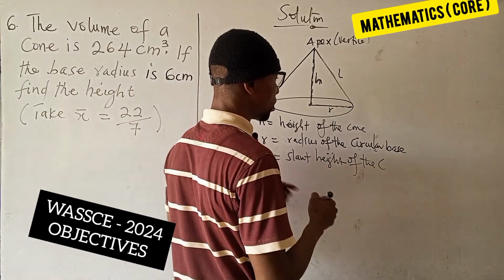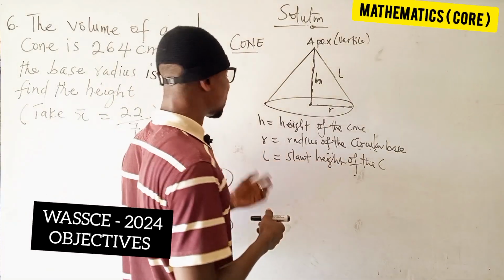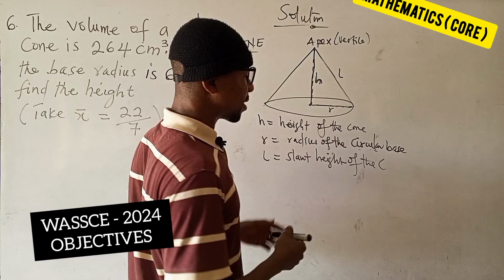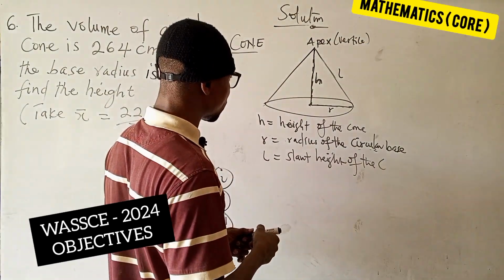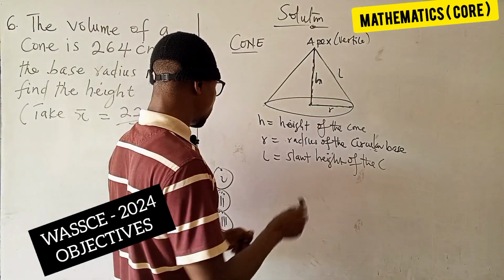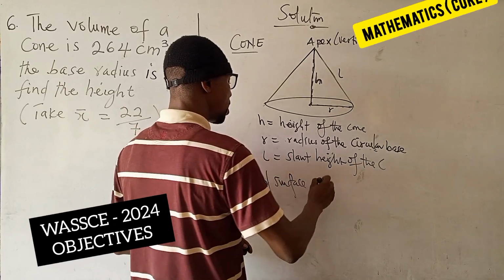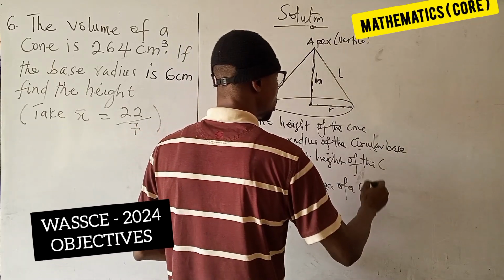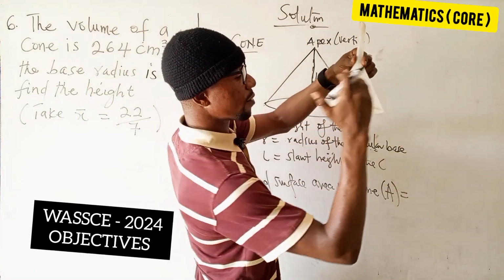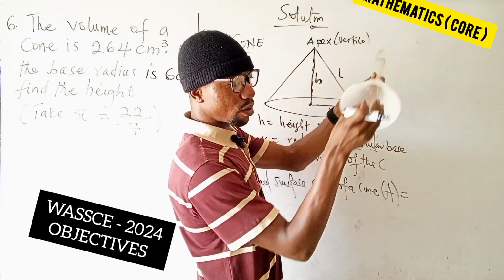I want us to look at some formulas that you could be asked, in case you have not been asked this, to find the height of the cone, but any other thing is possible as far as WASSCE is concerned. We looked at the curved surface area of a cone. That is this part of the cone, the curved surface area when the cone is hollow.